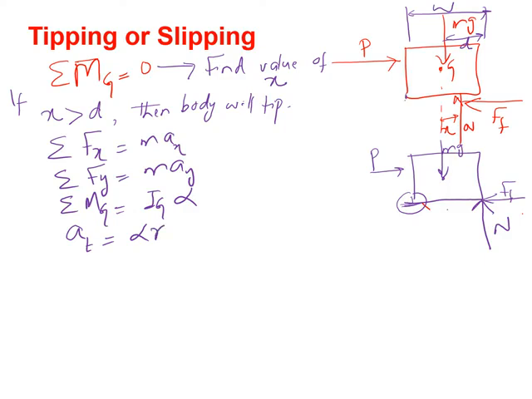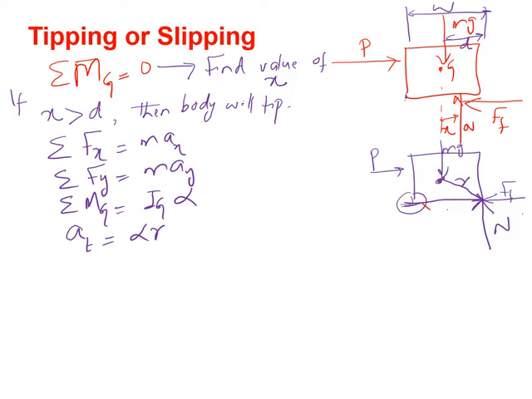Now what is this r? This r is the distance from point G to the edge on which the normal force is acting. So these are the conditions that you have to apply when the body is in the condition of tipping.